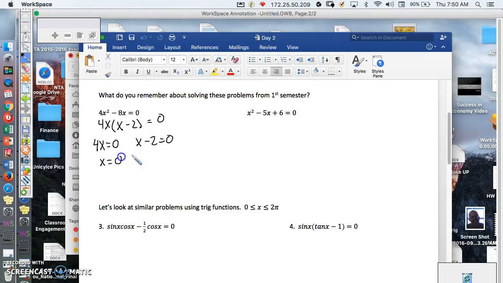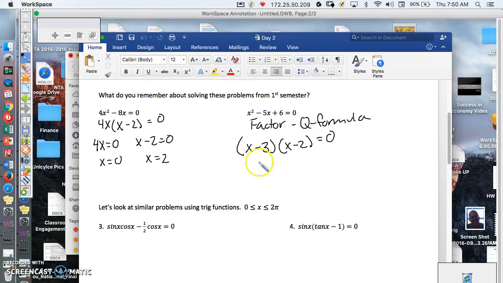So x equals 0 or x equals 2. In this one we have a variety of options. We could factor it, we could do the quadratic formula, any one of these. If we were to factor, this would be x minus 3 and x minus 2 equals 0. So we have x equals 3 and x equals 2.